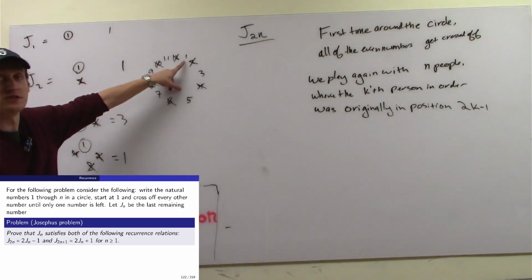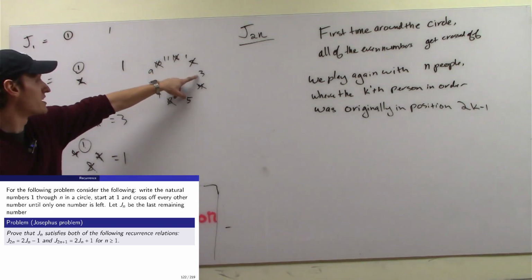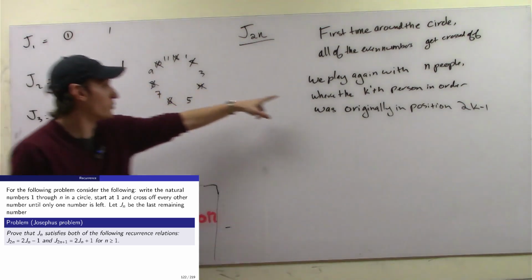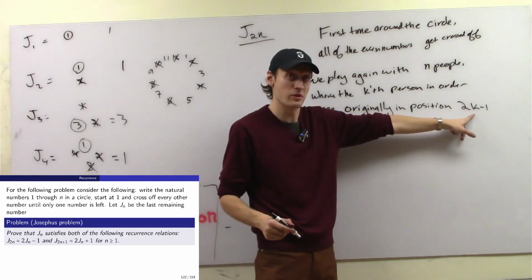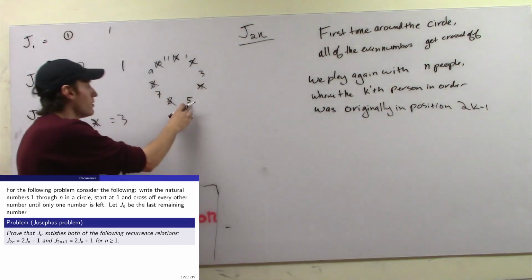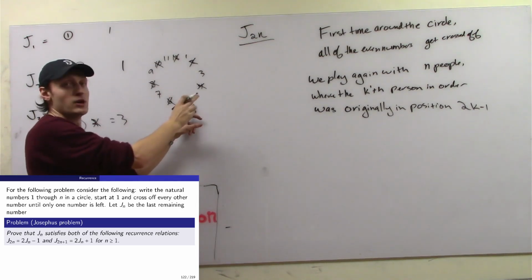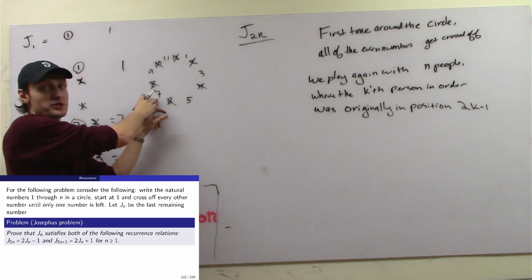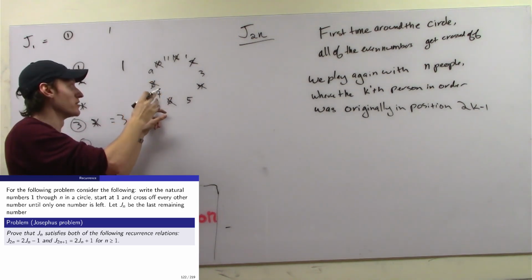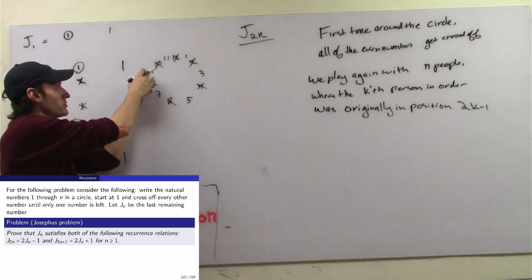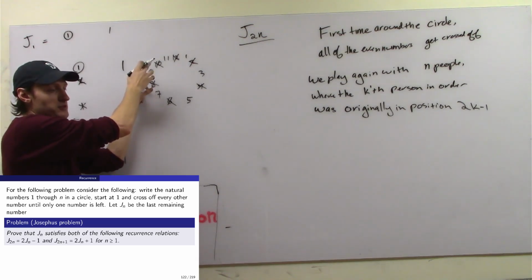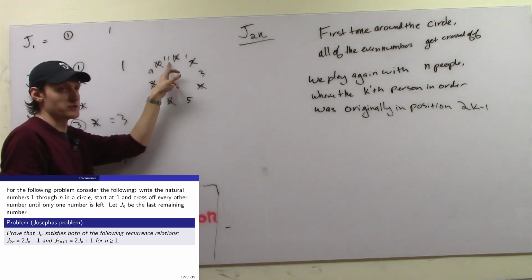And now 1 is in the first position, 3 is in the second position, and you notice that here 2 equals 2 times 2 minus 1. So here when k equals 2, they were originally in position 3. Here the third person was in position 5, so it's 3 times 2 minus 1. The fourth person was originally in position 7, 4 times 2 minus 1. Position 5 was originally 5 times 2 minus 1, 6 times 2 minus 1.